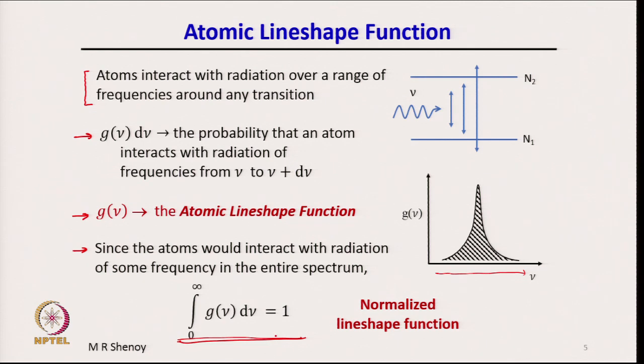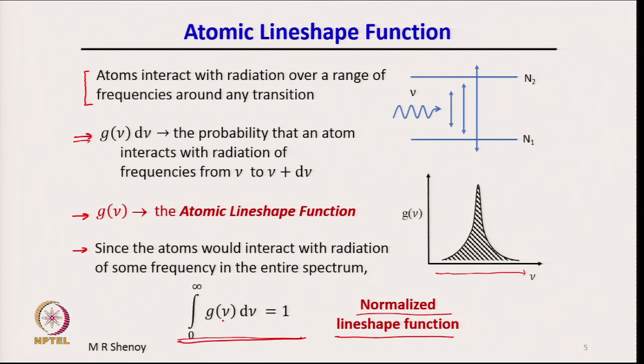Therefore, the probability integrated over the entire frequency spectrum has to be 1, and this is called the normalized line shape function.